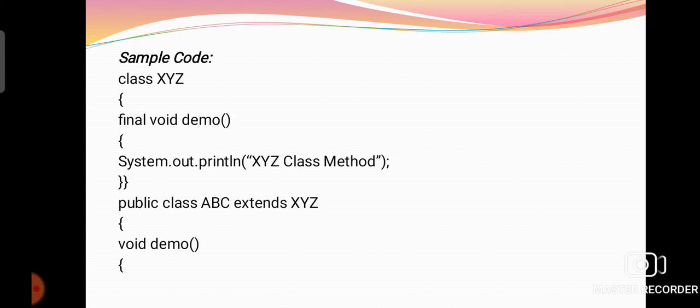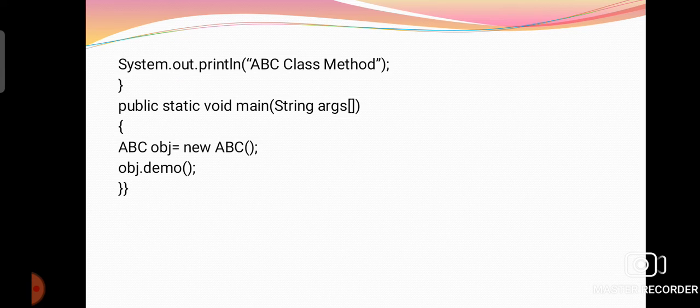Then we have the class ABC, which is the subclass that extends the superclass XYZ. In the subclass we try to override the method demo, and in it we print a statement like ABC class method.